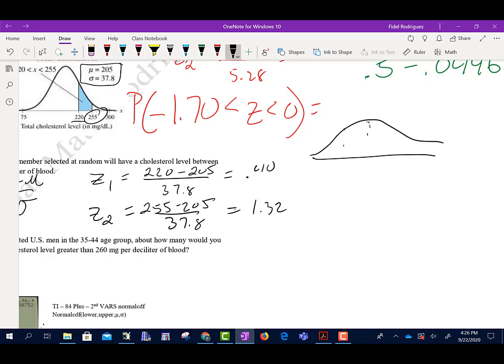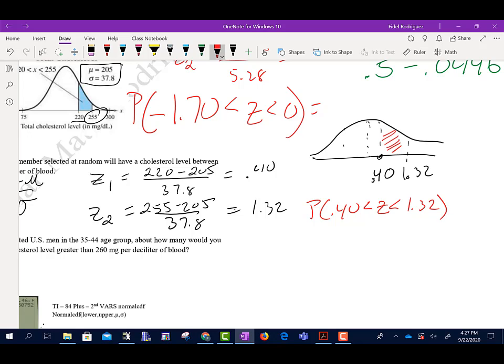So we're going to go from positive 0.40 to positive 1.32. And what we're looking for, my friends, is the area in the middle. We're trying to figure out the probability that my z-value is between these two.